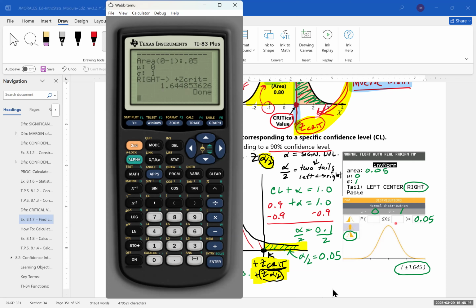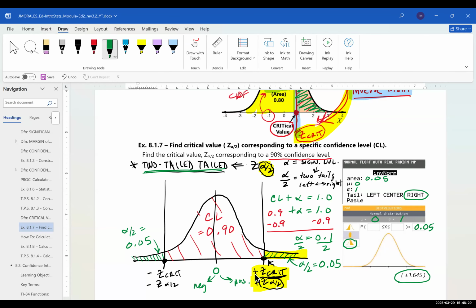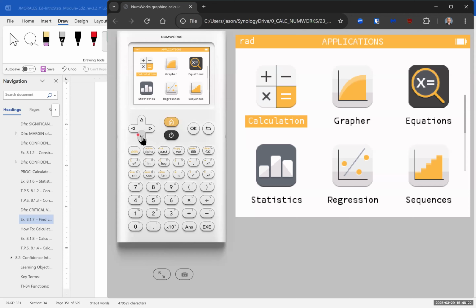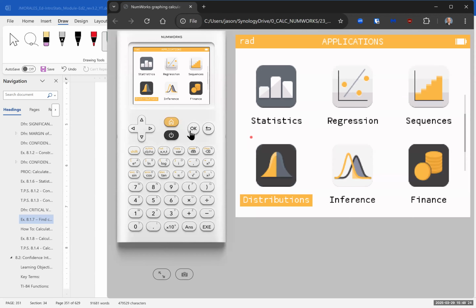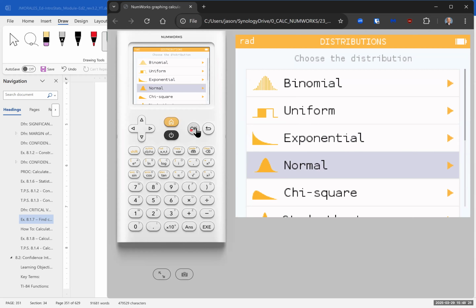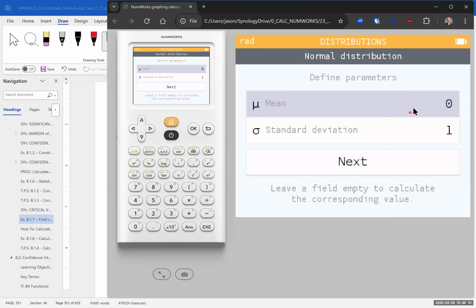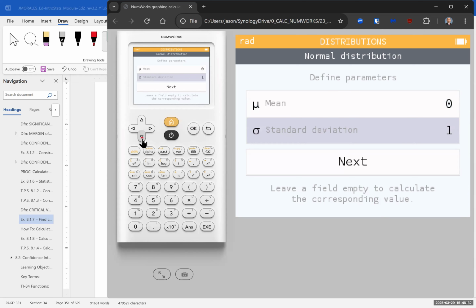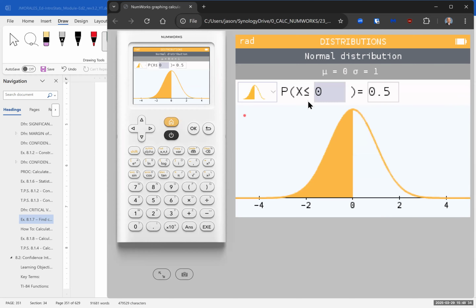And on the NumWorks calculator, last but not least, if we go to the distributions app, click OK, we go down to the normal distribution, put in a mean of 0, standard deviation of 1, and area from the left, we put in an area of 0.05.